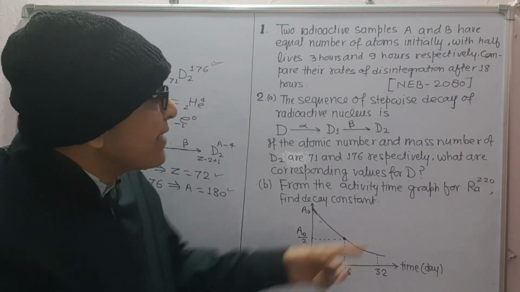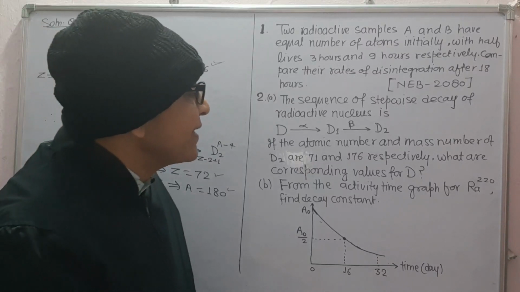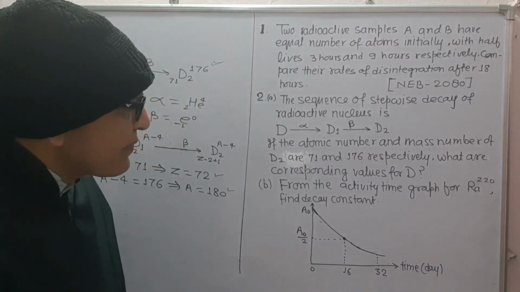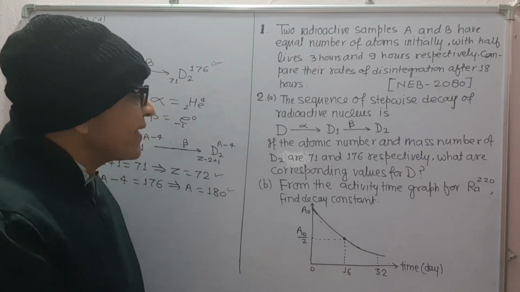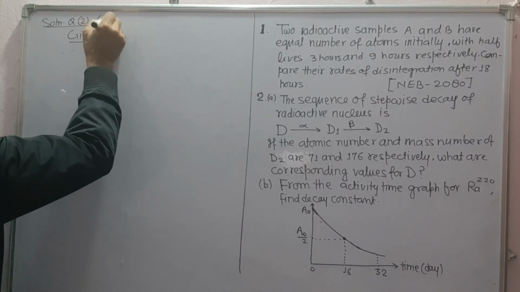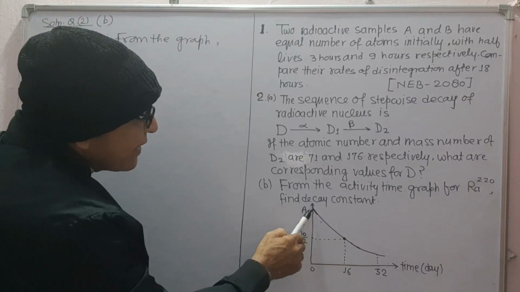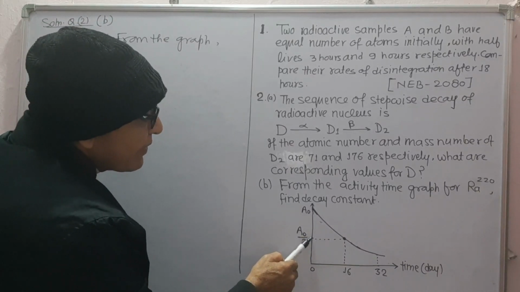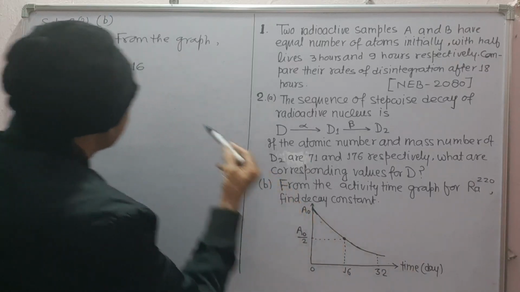From the activity time graph for radium, find the decay constant. Solution to question 2b. From this graph, it is clear that the activity becomes half of the initial activity after 16 days.